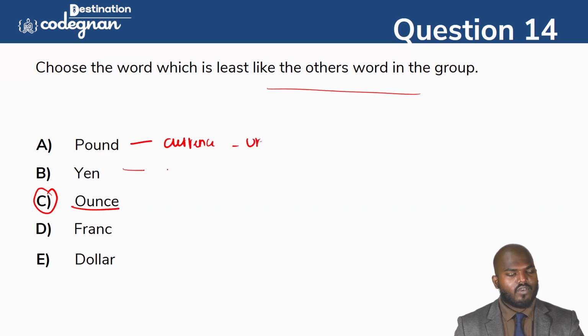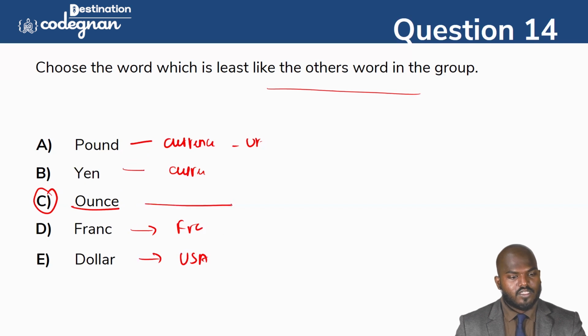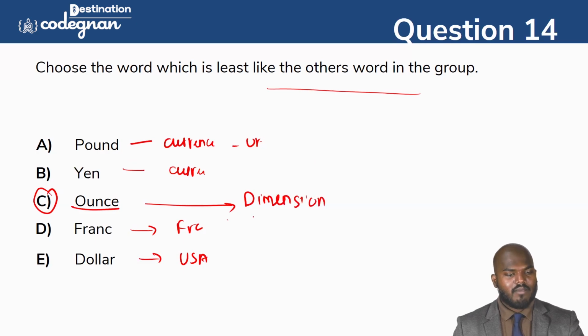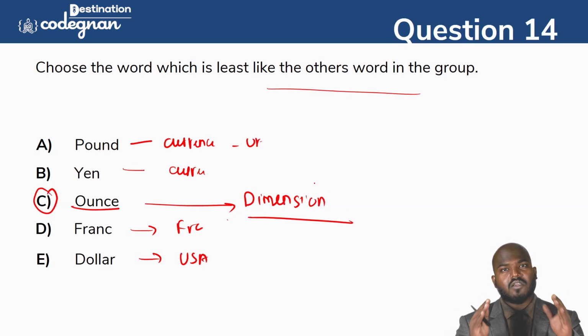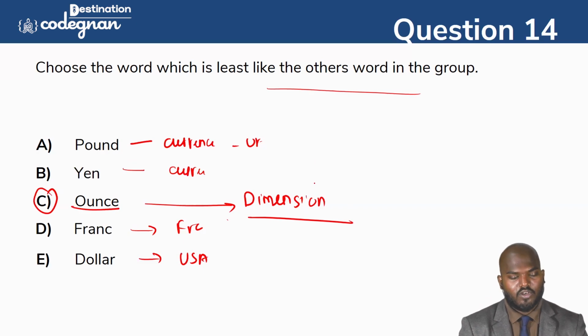And yen, the currency of Japan. And France, and this one belongs to the USA. So ounce is not a currency. It's just a unit for measuring weight. So the ounce, we can call it a dimension, just measuring weight.